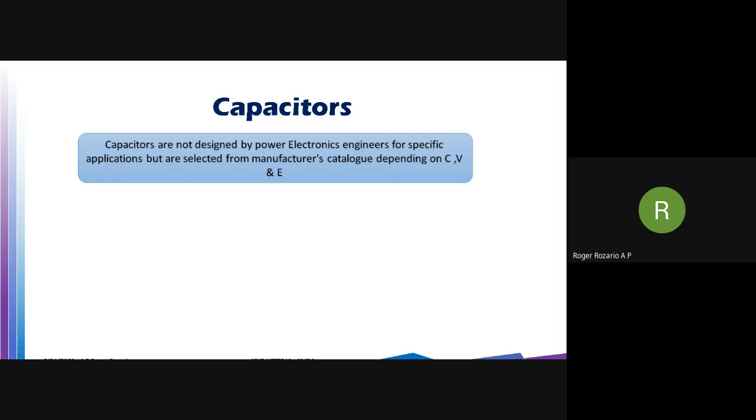So we will choose one capacitor among the different capacitors made available in the market, depending on the capacitance value C, the voltage rating, the voltage it has to withstand, and the amount of energy it has to store. This is what we are going to discuss in the next part of this lecture.